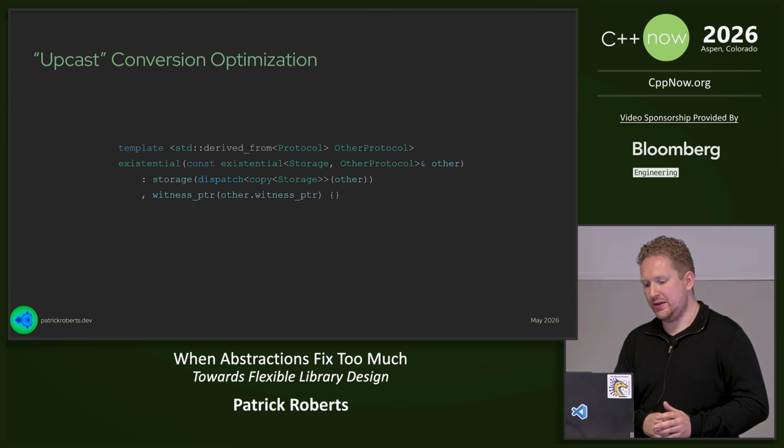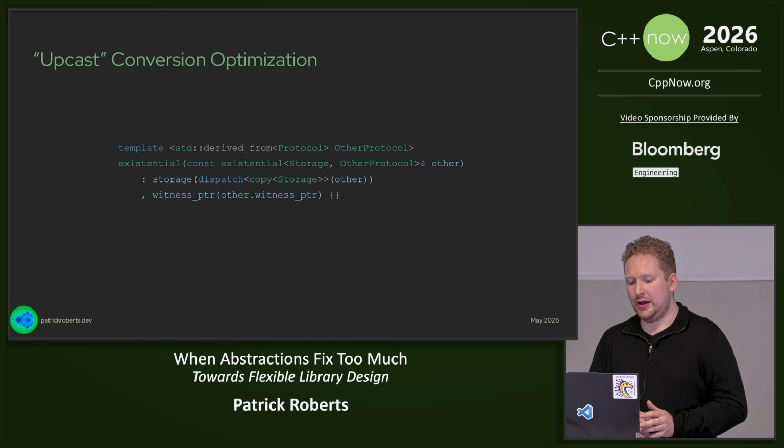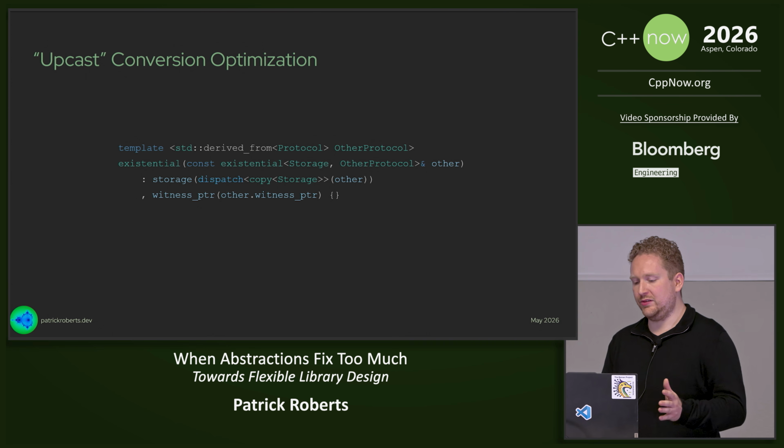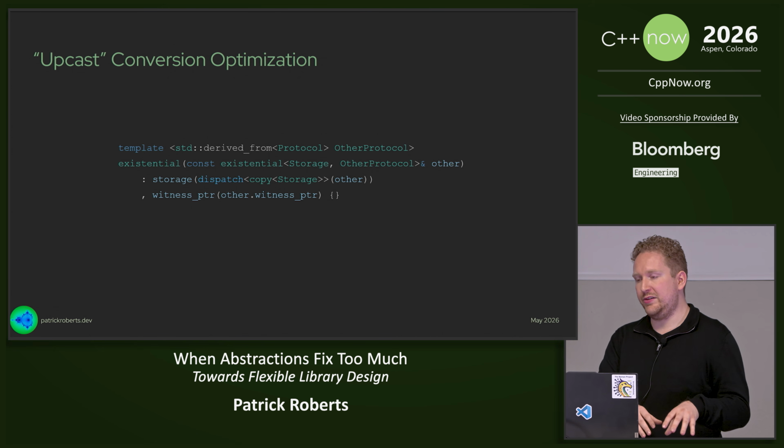And so the way that looks in this implementation, you have a specialization of the existential constructor that takes another specialization of a set of capabilities that is a superset of the capabilities on this type that you're constructing. And if it's a superset, that means that it inherits from it. So when you copy the witness table pointer, it's just an implicit upcast of that pointer type to the pointer to the base class witness table that implements the set of capabilities constrained.